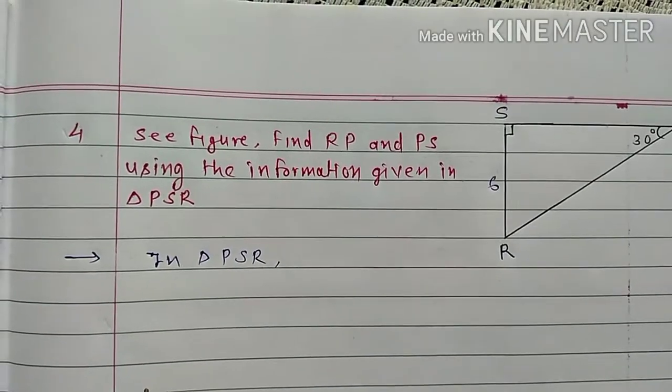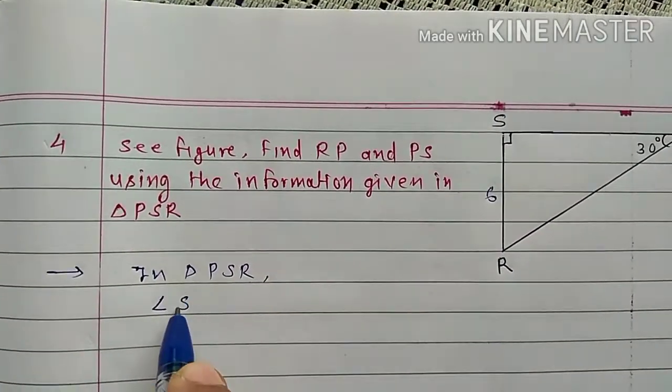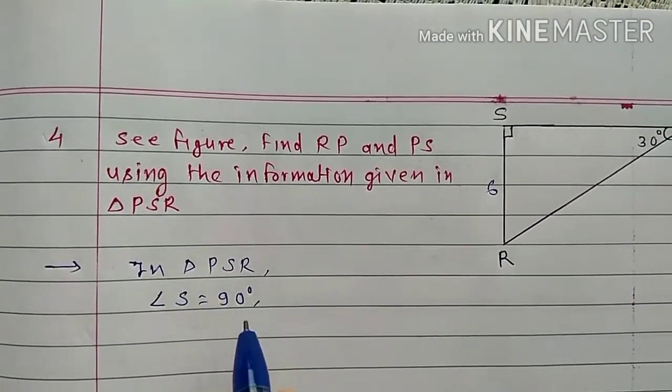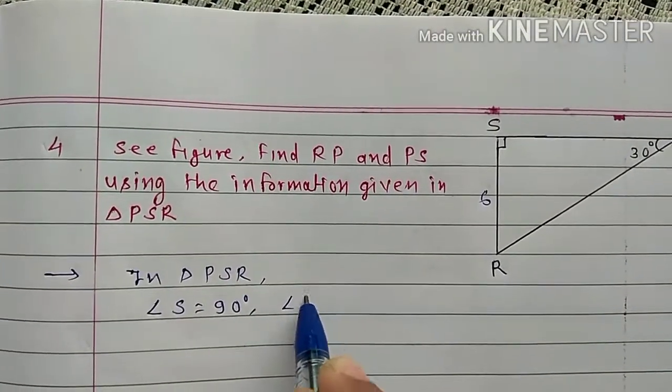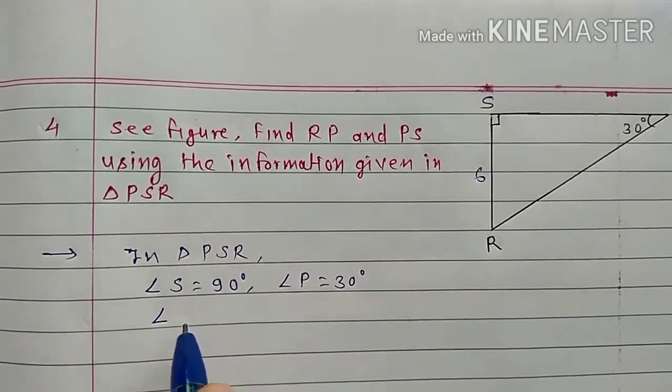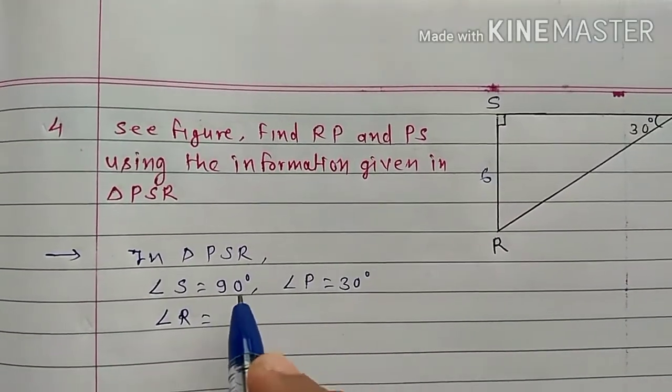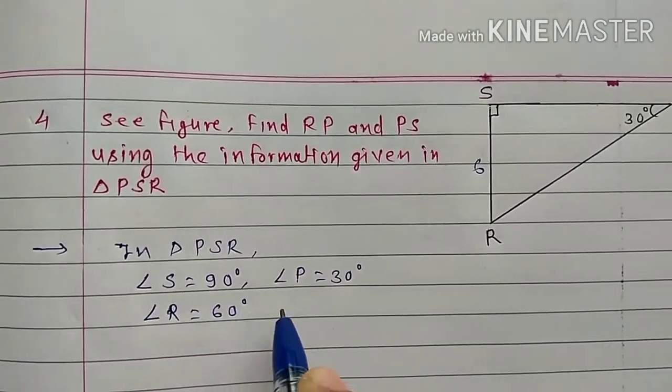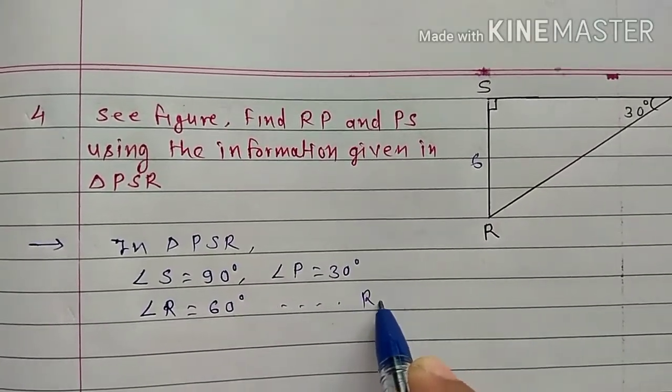In triangle PSR, angle S is equal to 90 degree, angle P is equal to 30 degree. So therefore angle R is equal to 60 degree.